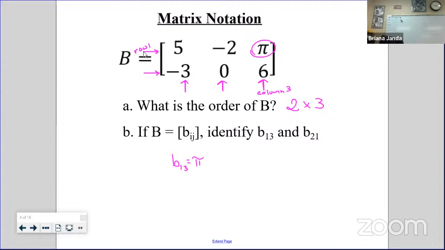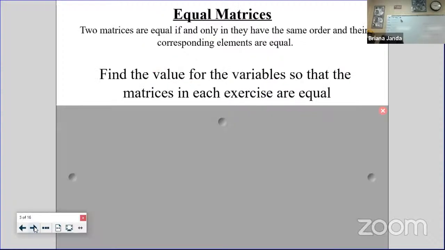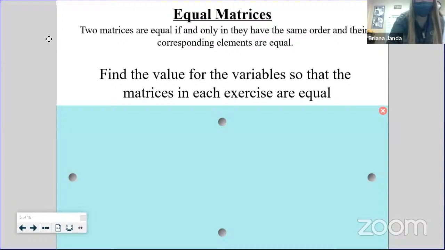Similarly, 2, 1 would be the second row, first column. So 2, 1 would be negative 3. Questions? Okay.